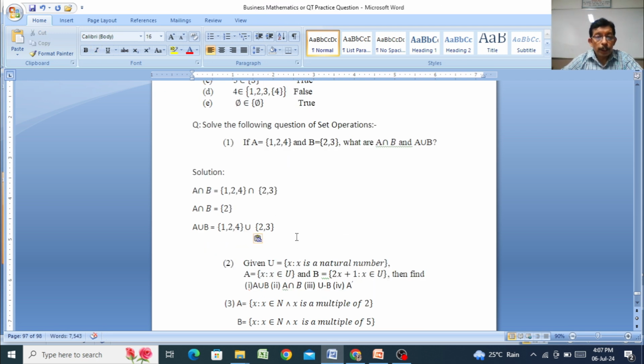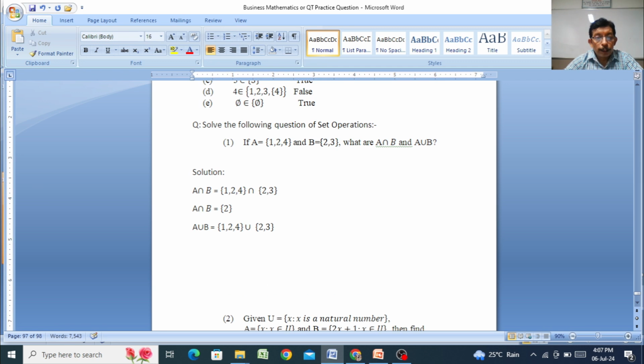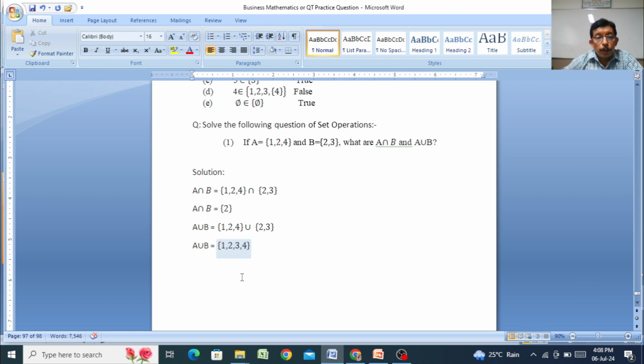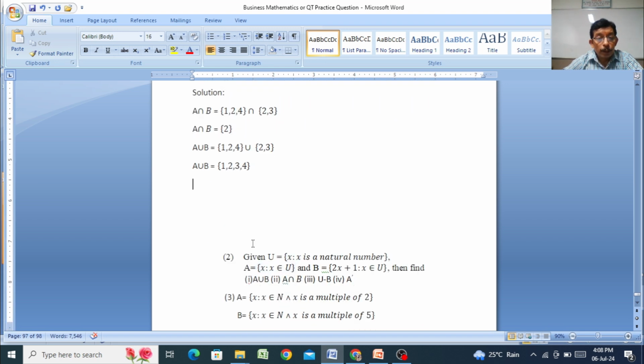Now A union B is the set which contains all the elements of set A and set B. 1, 2 (2 is included also), now the element 3, 1, 2, 3, 4 belong to set A or set B. This is A union B. Is it clear, everyone? Now the next question.